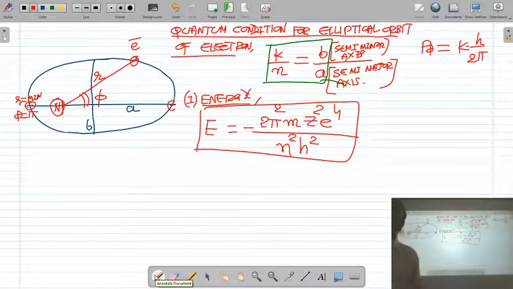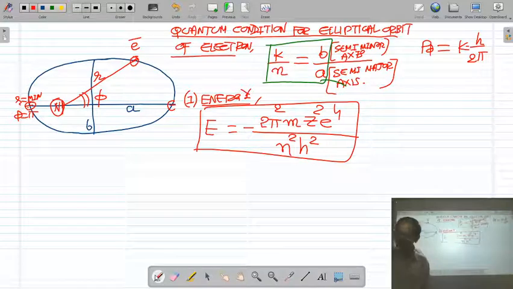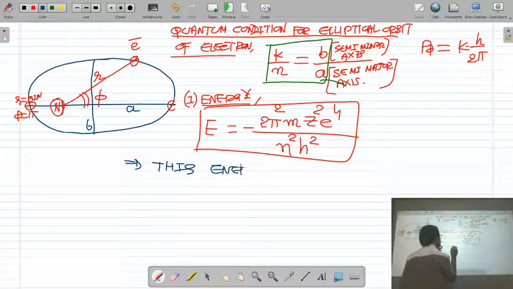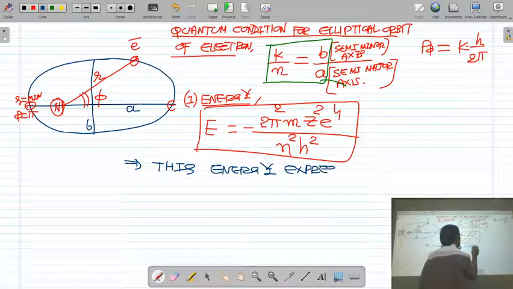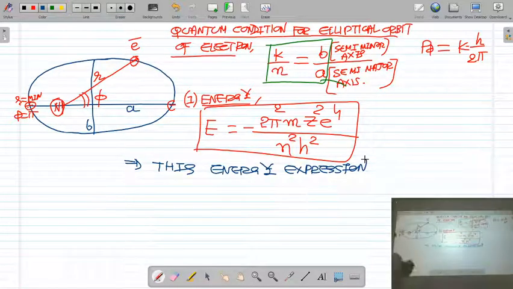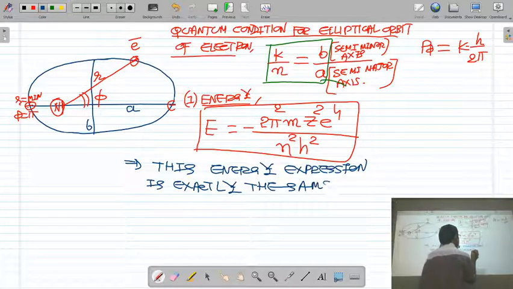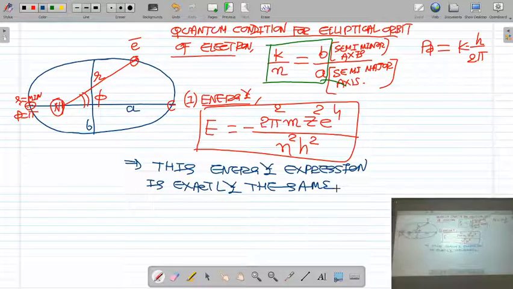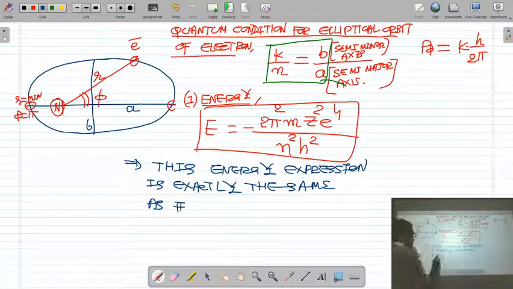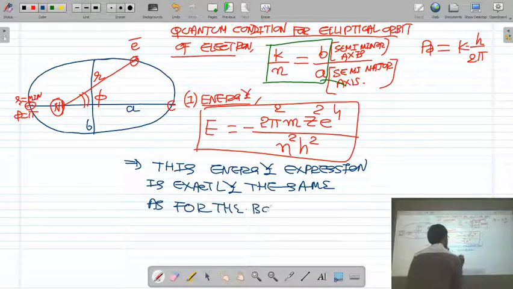If you remember the equation of the energy in the case of the Bohr atomic model, this energy expression is exactly the same as for the Bohr circular orbit.